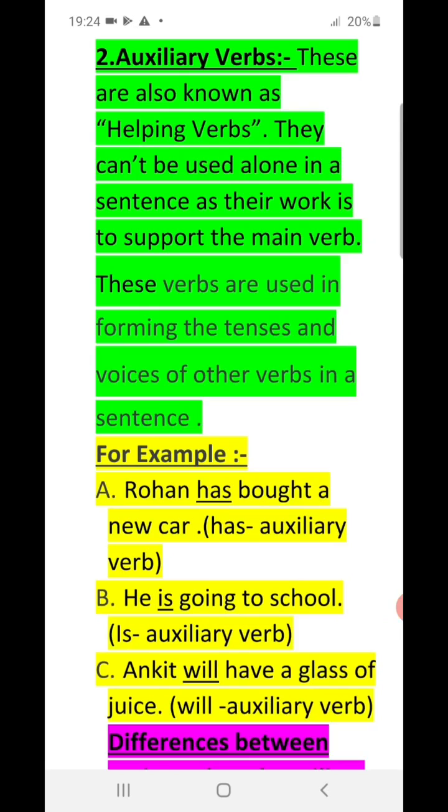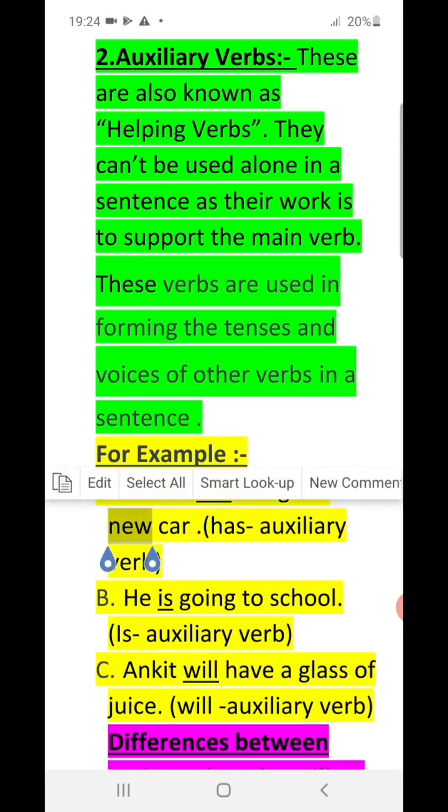So basically he is going to have something that is rendered over here. So now he is not having that, but he will have something. So will is basically giving a specific turn to this sentence's meaning.